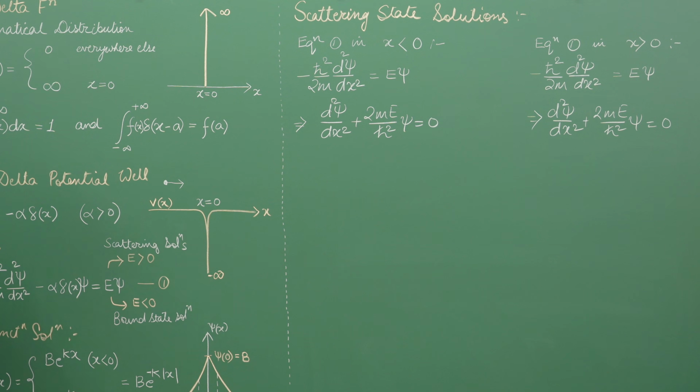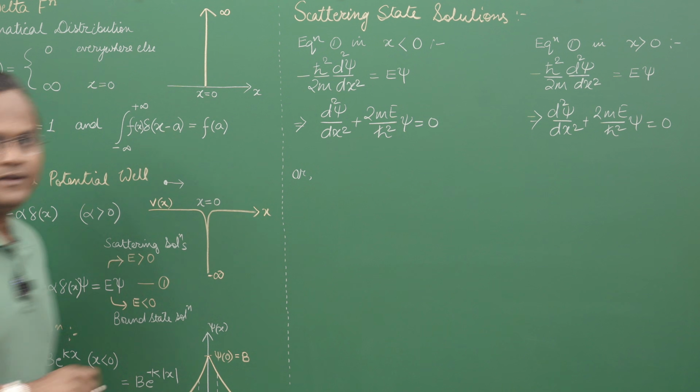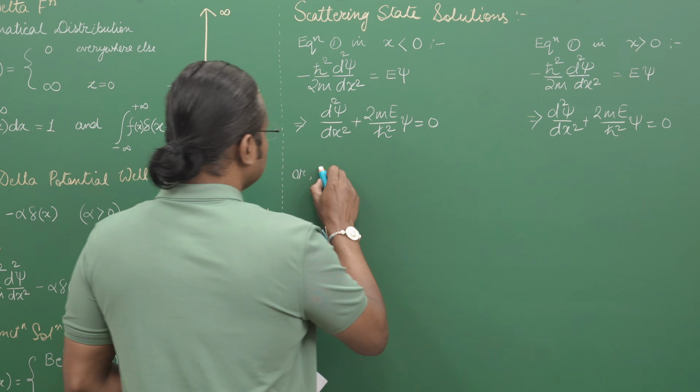The standard solution of these kinds of differential equations is quite common, and I think you must be familiar with it also. So you end up getting oscillatory solutions, plane wave solutions for these cases.